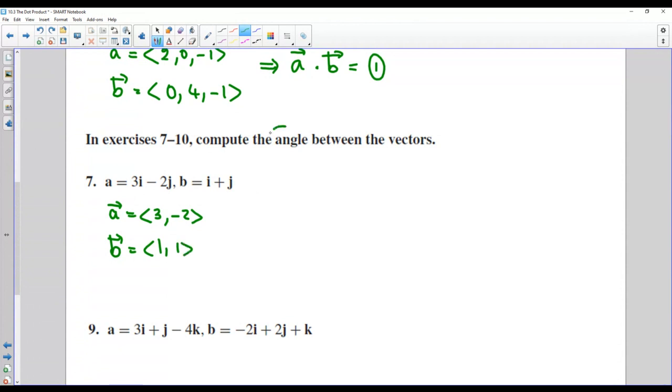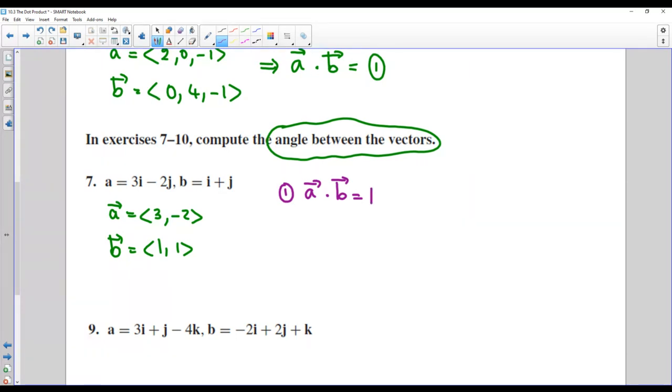Now, if you want the angle between these two vectors, you may remember how many things we need to calculate, girls? 3, exactly, yes. So we need to find first 3 things. First, the dot product, which I can find very easily. So it's 3 minus 2, it's 1.